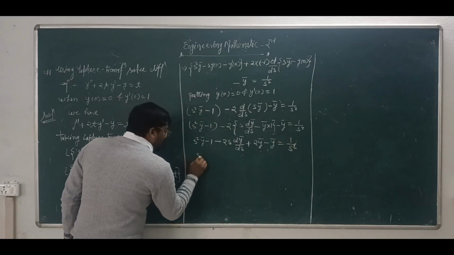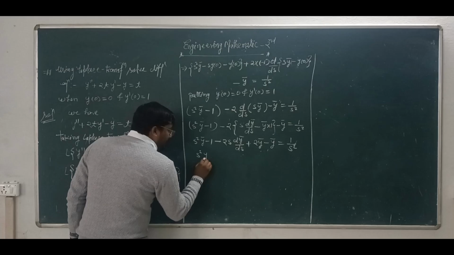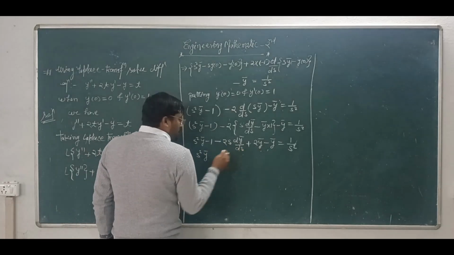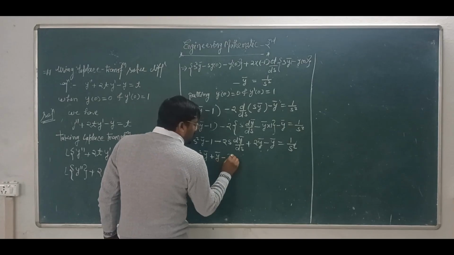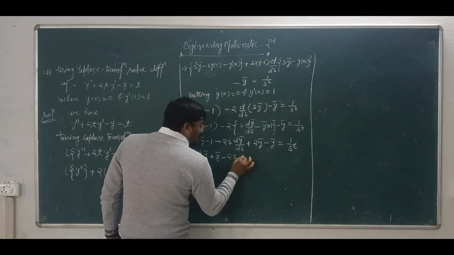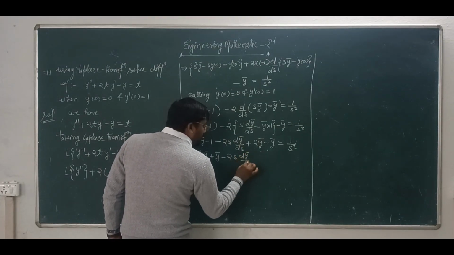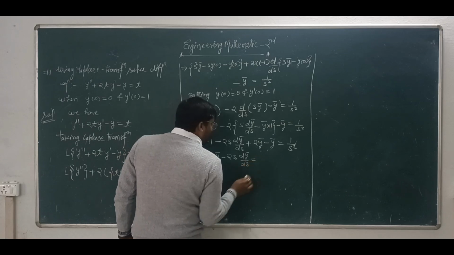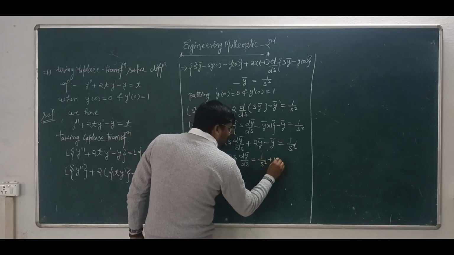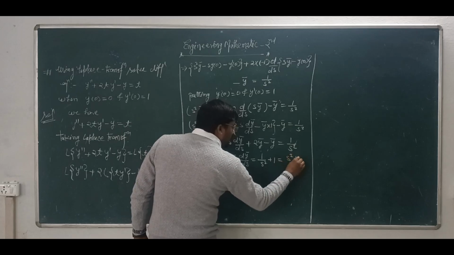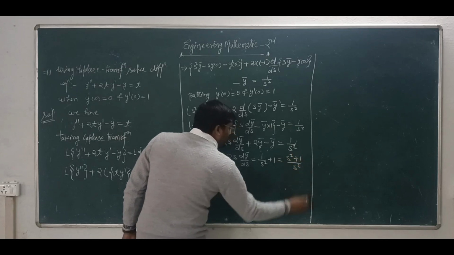Now you can put s square y bar plus y bar minus 2s dy bar upon ds is equal to 1 upon s square plus 1, which is s square plus 1 upon s square.